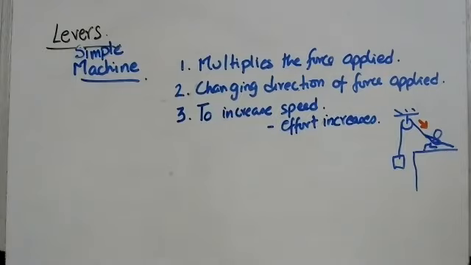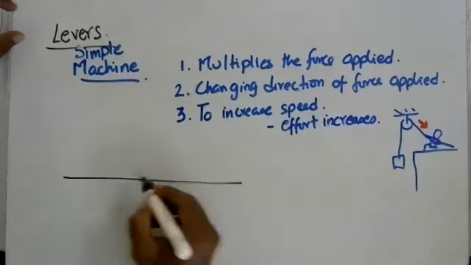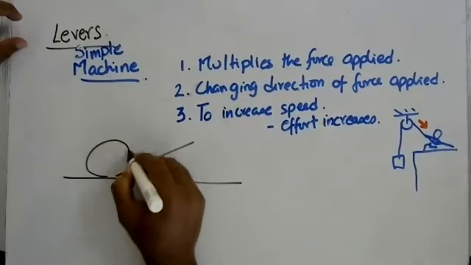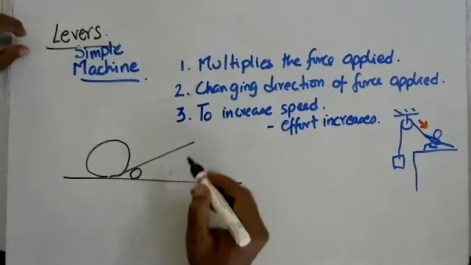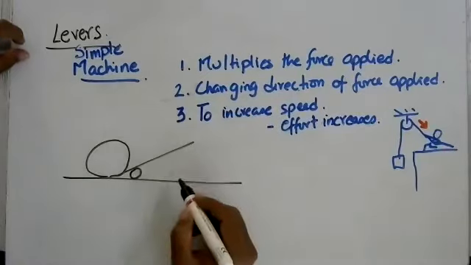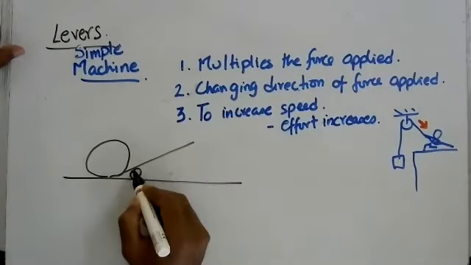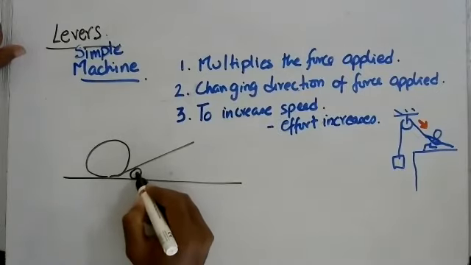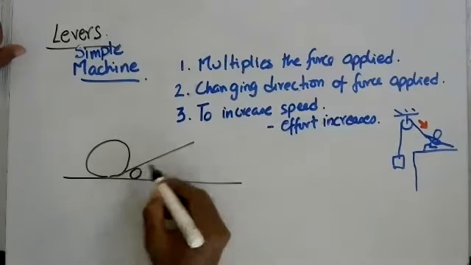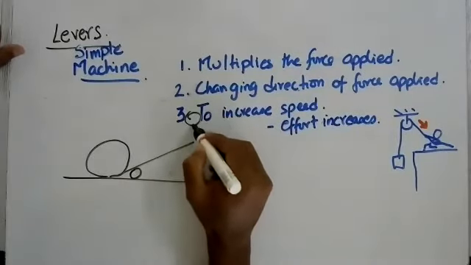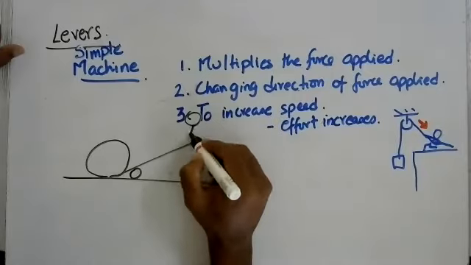It would be advantageous, if you think about it, to be able to lift a larger force, like, for example, we have studied this in the past. You have a big boulder that you want to lift, and you can lift that big boulder by using a simple lever. You place a fulcrum somewhere very close to this end of the boulder, and you apply a downward force.